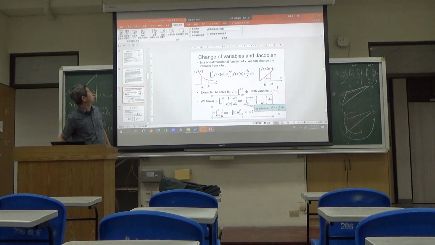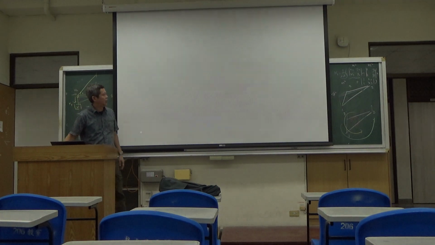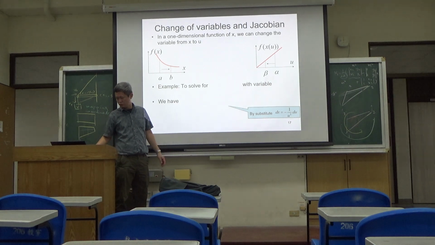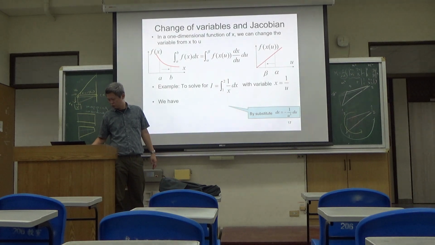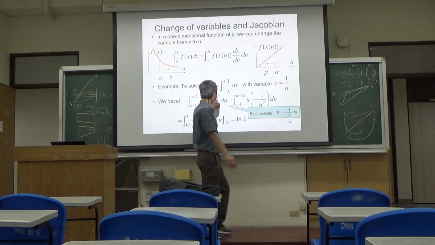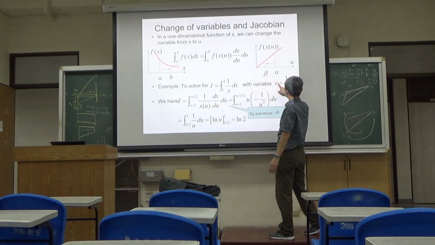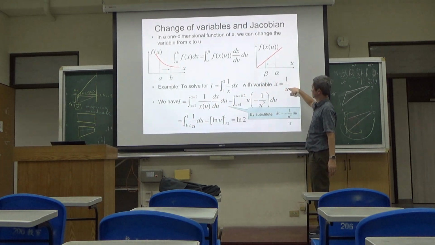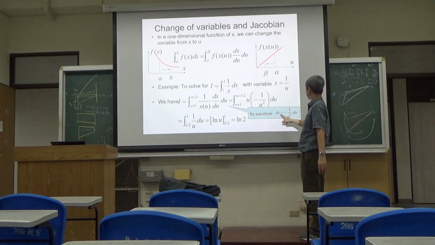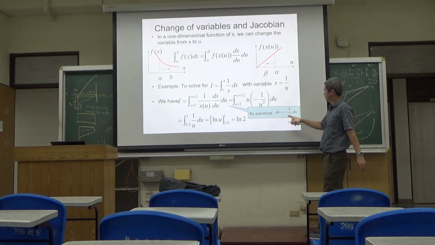And this is the chain rule. And in this case, the chain rule, we have to substitute what is del x del u. Okay? X is equal to 1 over u. If the dx du, then it is going to be minus 1 over u squared.